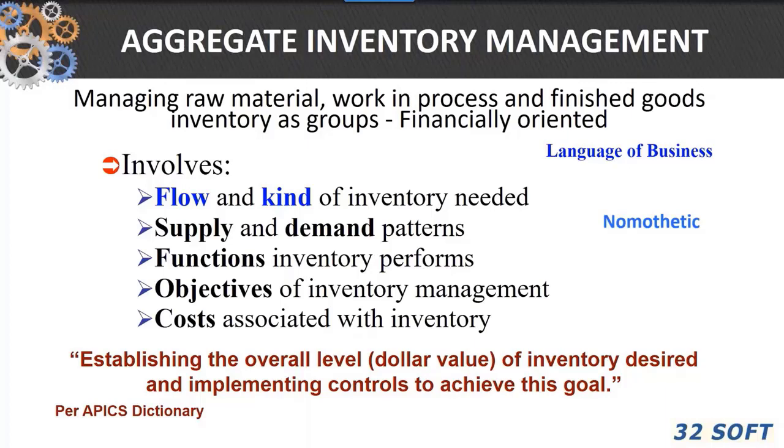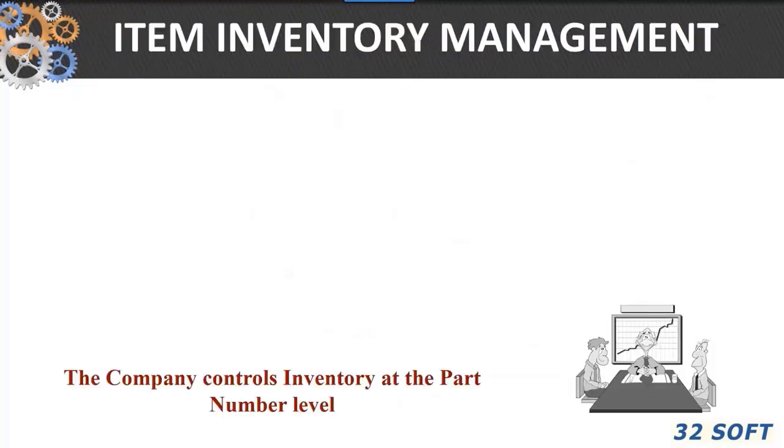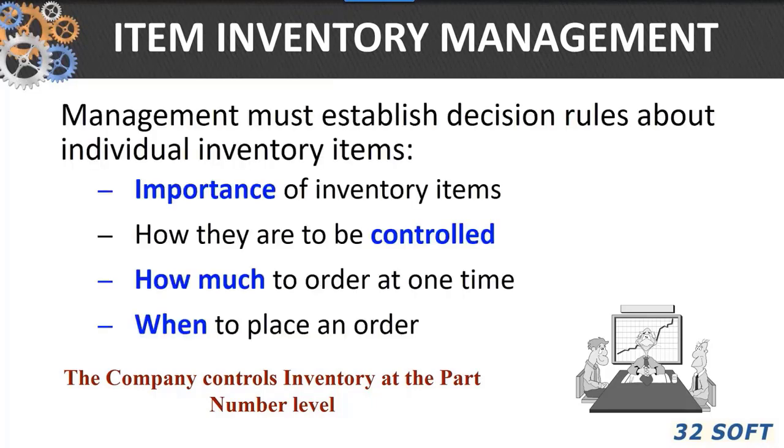From the aggregate level, inventory control also has to be controlled at the individual part number, because remember, we have these nomothetic concepts and average values and total values and sum values, but you don't control inventory at the aggregate level. You control inventory at the idiomatic level, at the part number level.